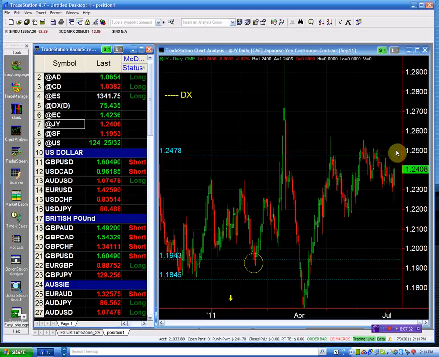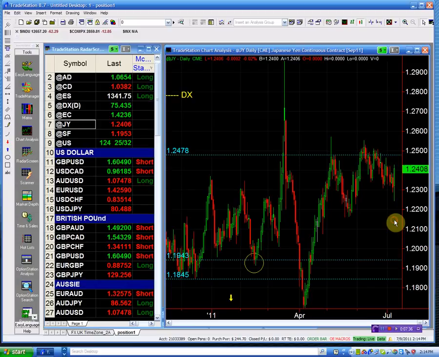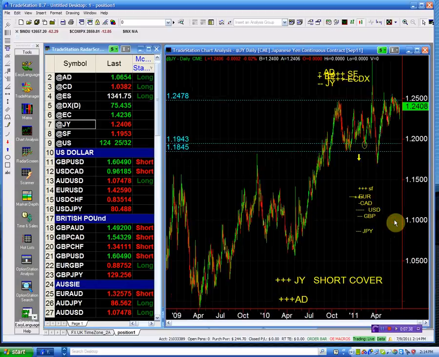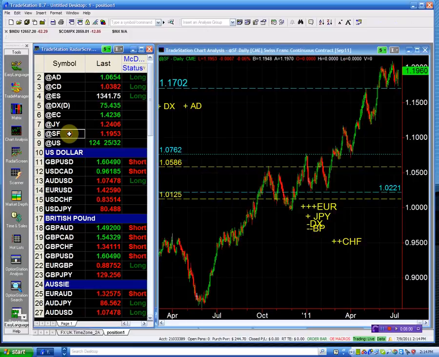You can see the big reversal that we had on Friday in the yen, even though we're still below the 124.78, so we're still 70 points below the structure point. But you can see that even with all that's going on in Japan, the yen is quite strong, and the same strength you can see in the Swiss franc.